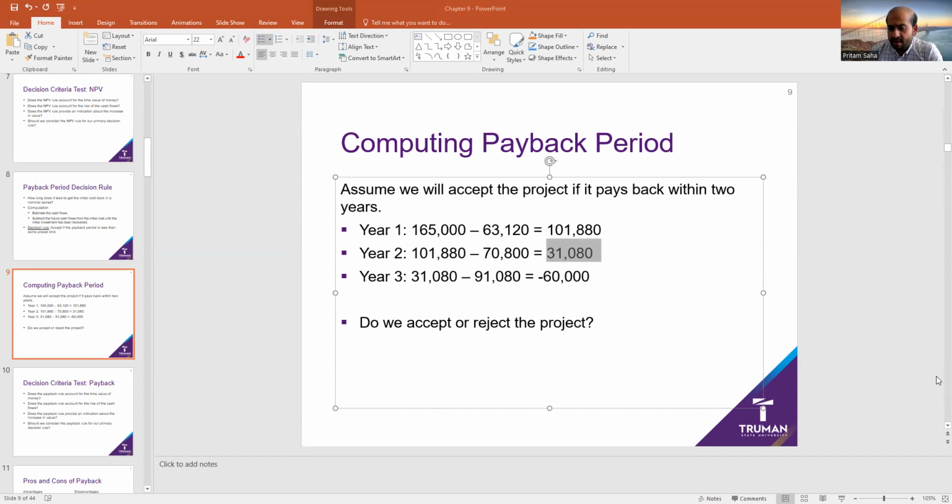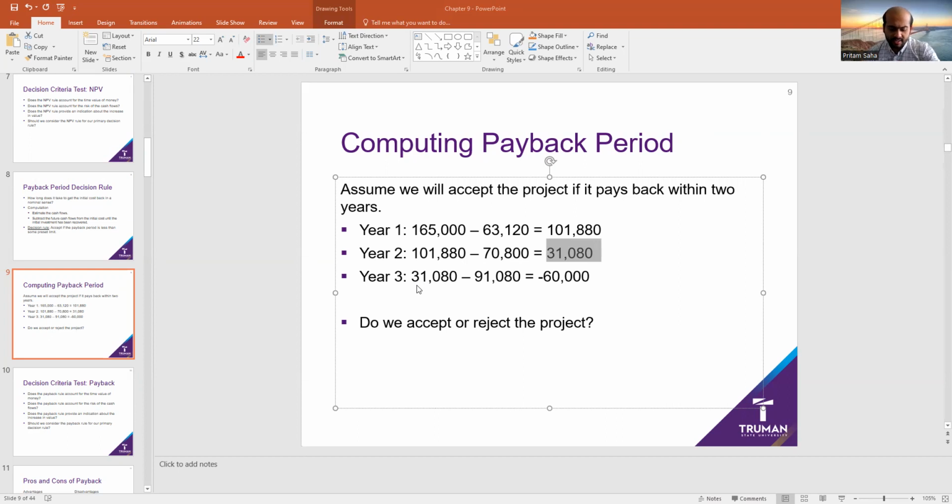So 31,080 divided by 91,080 gives 2.34 years. In your first 2 years, all of your cash flows do not exceed your initial investment. So 2 years plus the fractional leftover, which is $31,000 out of the $91,000 you receive over the year. That means in the first 3.5 months you receive your $31,000.